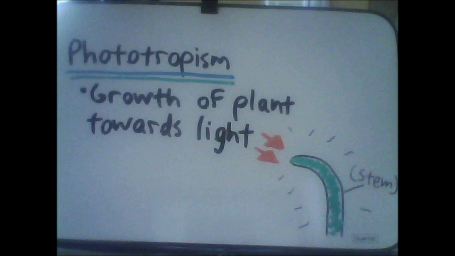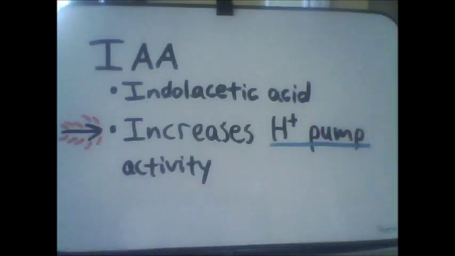So basically, what I'll go over is how auxin elongates cells on one side of the plant, making that side longer, and that'll help the plant lean over towards the light. This growth towards the light is what phototropism is. The specific kind of plant auxin I'll be talking about today is the naturally occurring one called indoleacetic acid, abbreviated IAA.